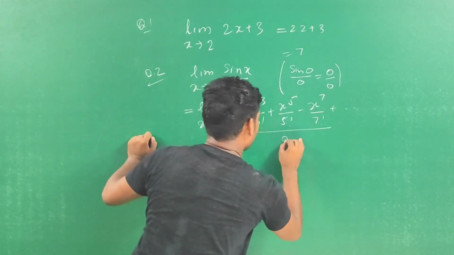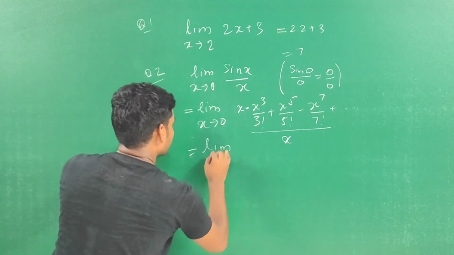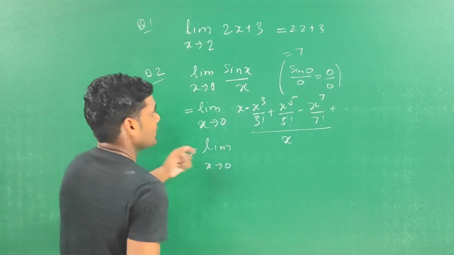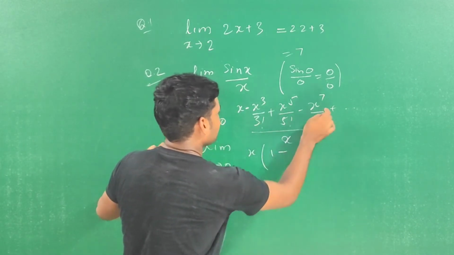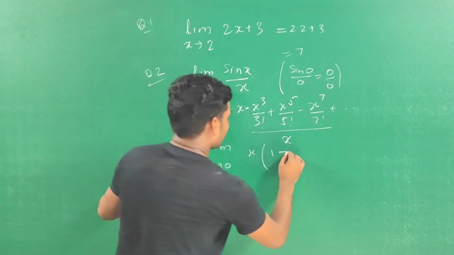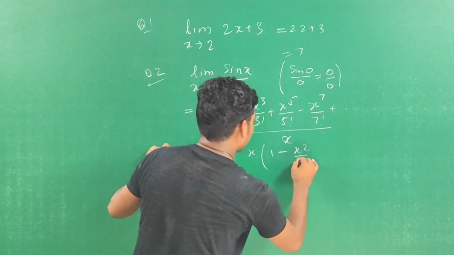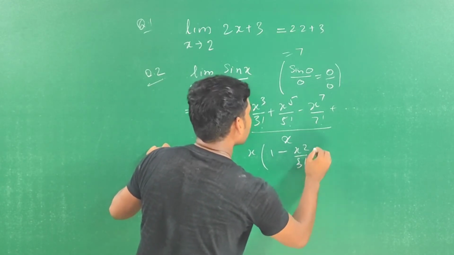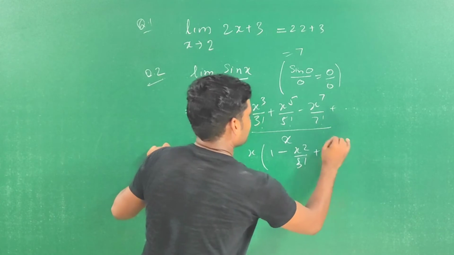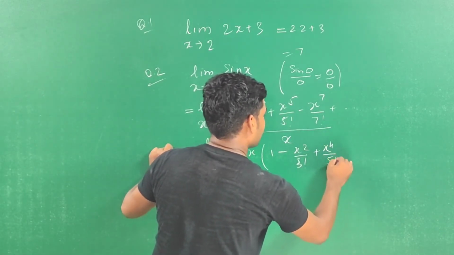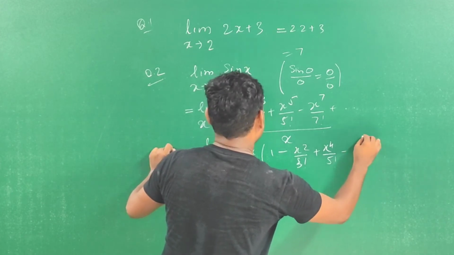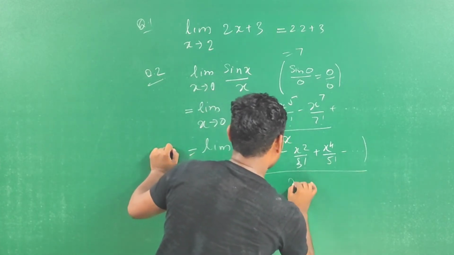Divide by x, limit x going to 0. If we take x common, the expression becomes 1 minus x square by factorial 3 plus x to the power 4 by factorial 5 and so on, divided by x.